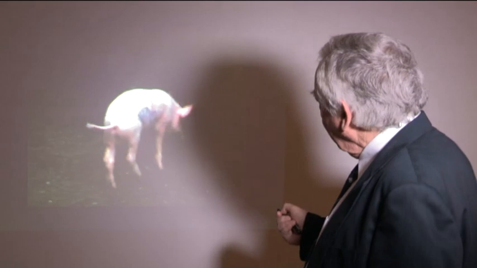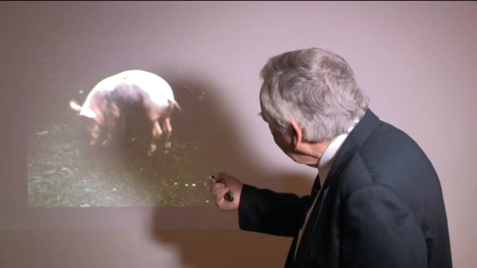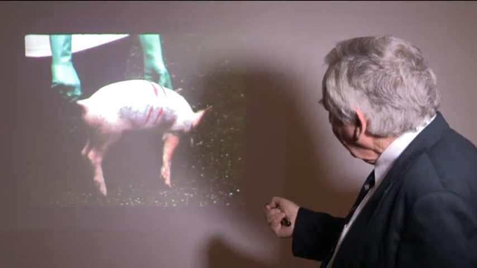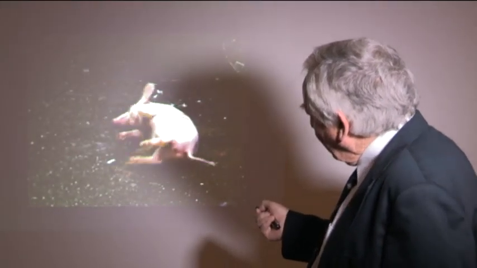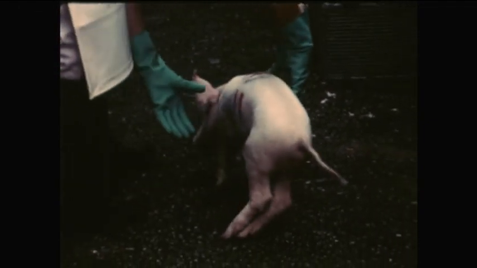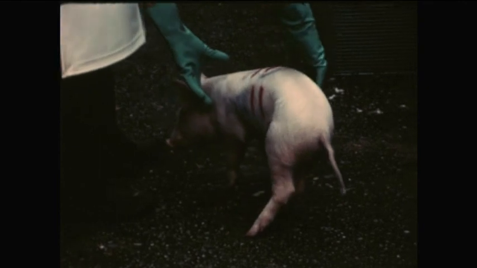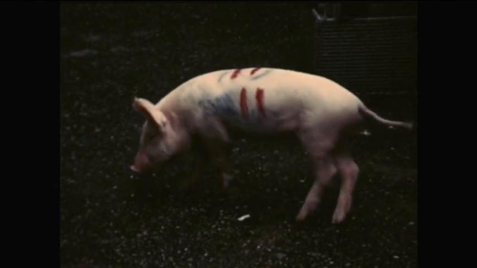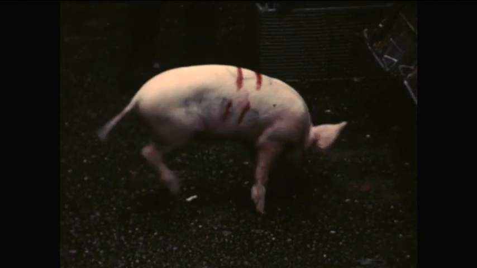Here is a pig at day 10 that had experimental transmission, and then day 11, the signs were much more severe than at day 10. The animal cannot really stand at all, does for a little while, and then it will collapse. And it can take weight on its front legs, but there is no real control over the hind legs.